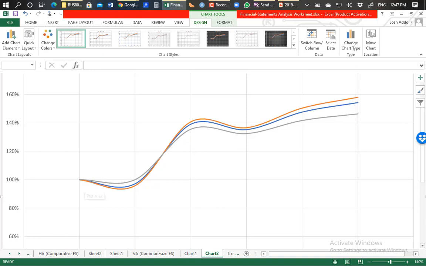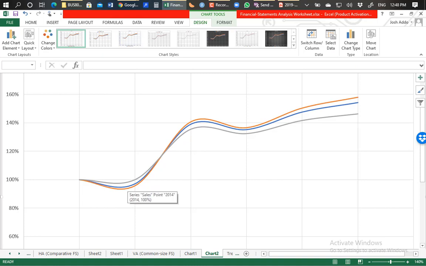Okay, at the beginning, gross profit was lying on top. When you see all these regions, gross profit is lying on top, so you see that there's much profitability. Gross profit is lying on top because revenue is lying on top of cost of sales. Revenue is bigger than cost of sales.